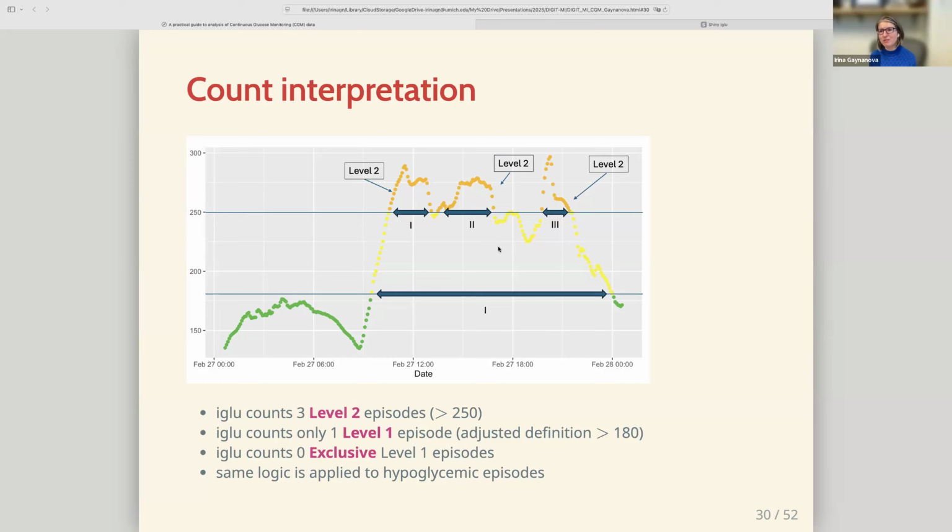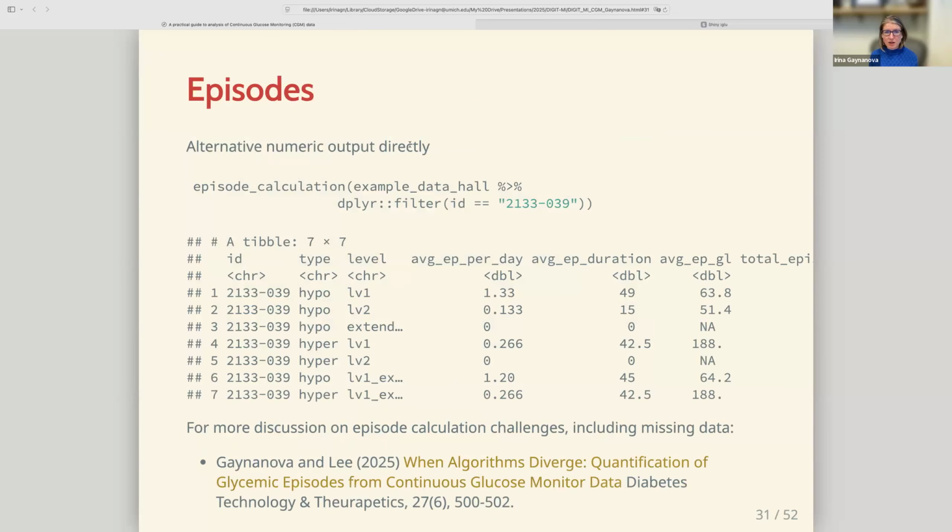I think you should look at both levels at the same time, and you should definitely look at the duration as well. There is a numeric output you can get with iglu directly to give you all of this episode information. And for more discussion on some of the challenges in computing episodes, including what to do when you have missing data, we have a recent paper that I'm listing right here.